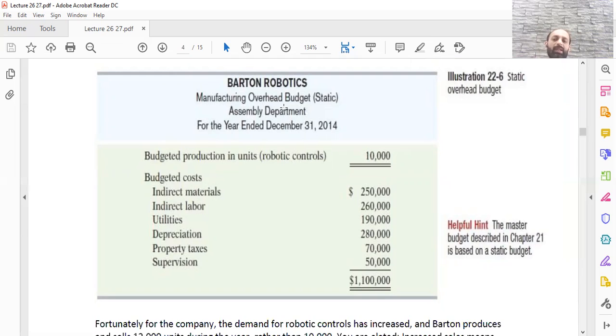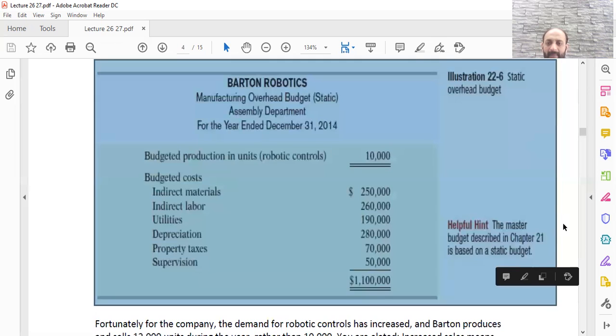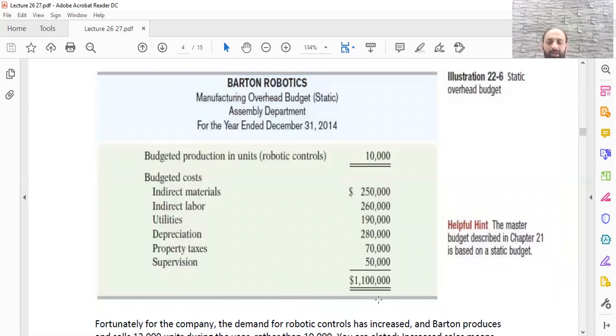You only go for the manufacturing overhead expenses. So you listed indirect materials, indirect labor, utilities, then depreciation, property taxes and supervision. At the level of 10,000 units, you expect the total manufacturing overhead budget to be 1.1 million dollars.